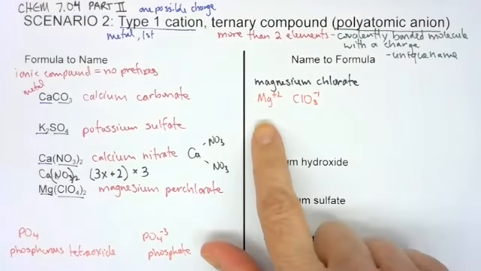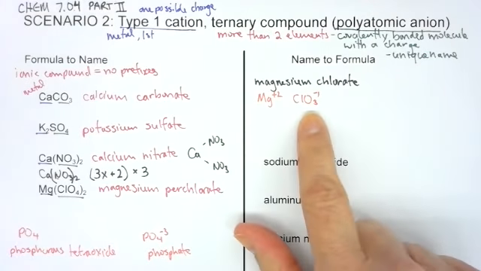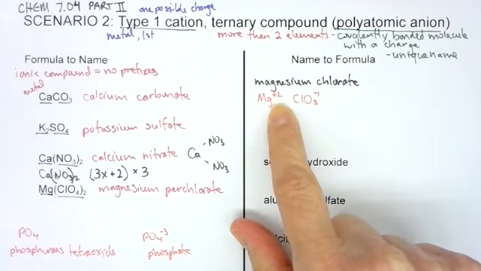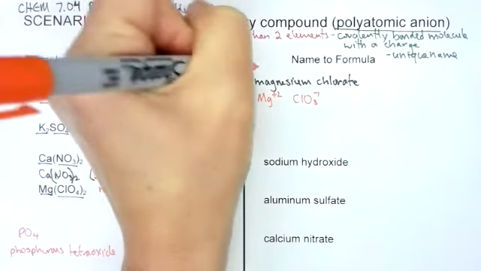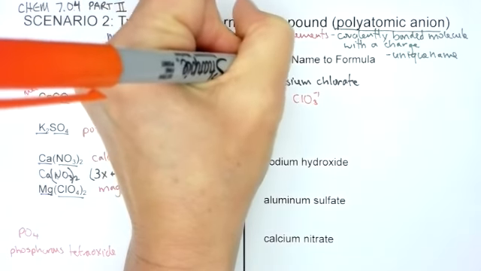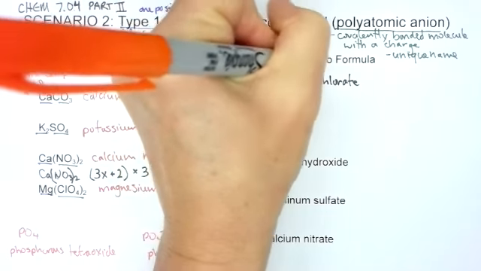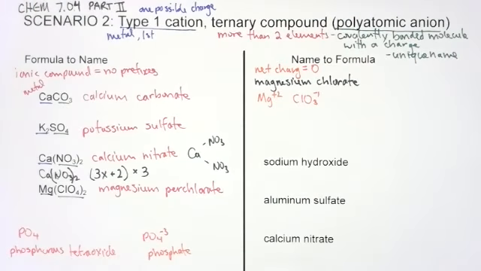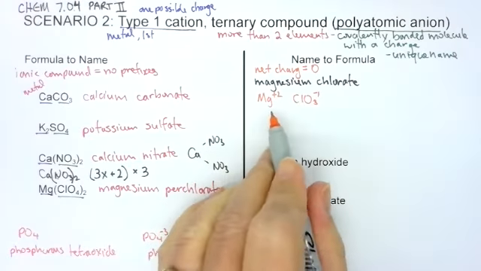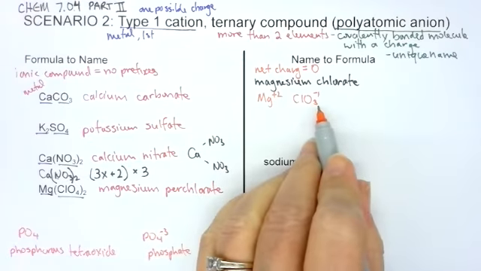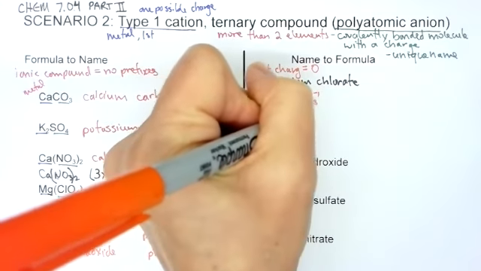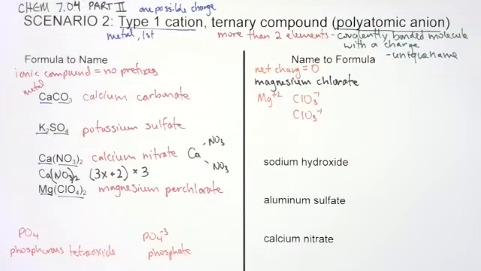If I put this together, if I write this formula as MgClO3, remember our net charge has to be 0. Our net charge must equal 0. If I do a 1-to-1, I've got a plus 2 and a minus 1. That will not be 0. So what I'm going to have to do is I'm going to have to do 2 of these.